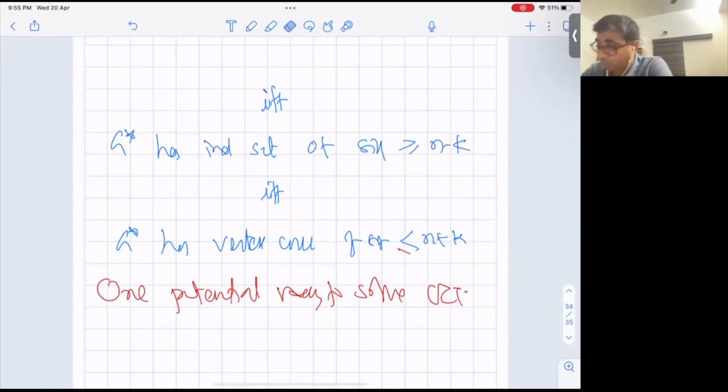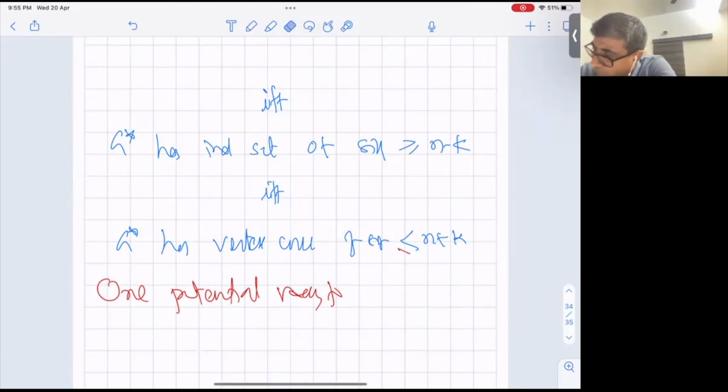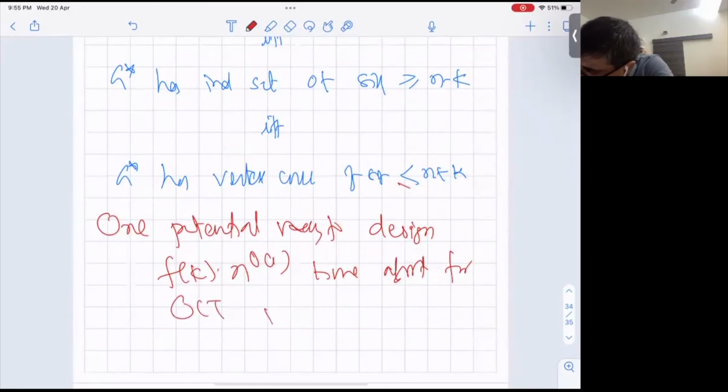One potential way to design an f of k times n to the power big O of 1 time algorithm for OCT is by designing what?